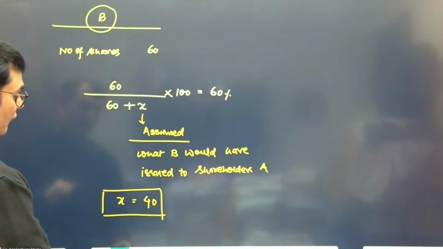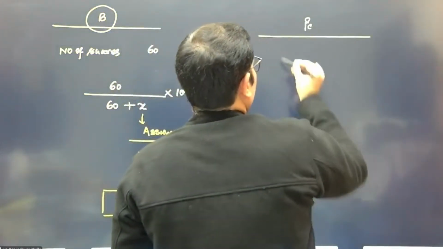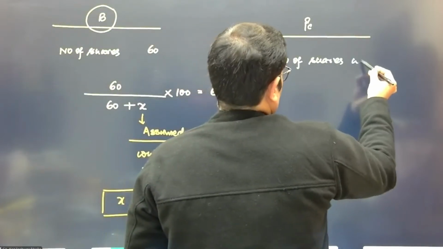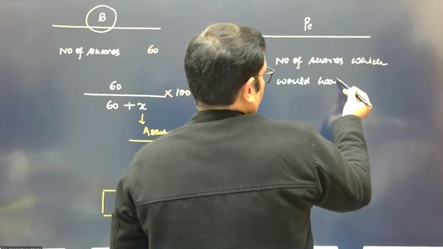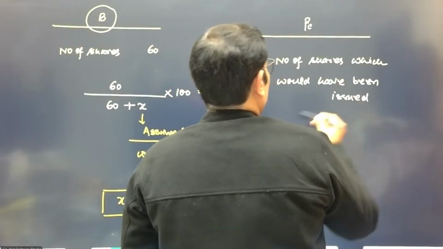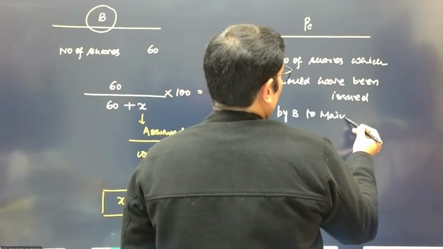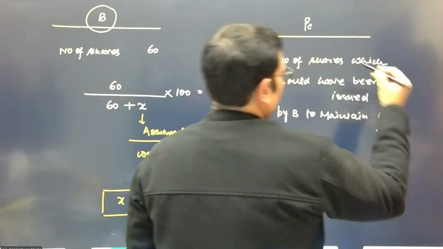Yes, sir. Wonderful indeed. Okay, now once you've identified this, I have reached my calculation of the purchase consideration. So when you calculate the purchase consideration, we are saying the number of shares which would have been issued by B to maintain a 60% stake, that is post business combination.